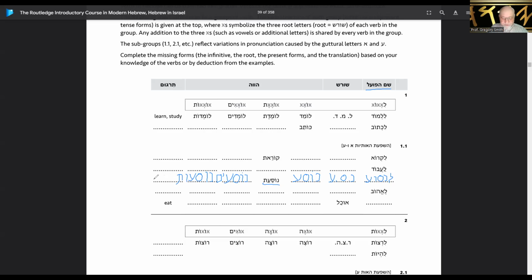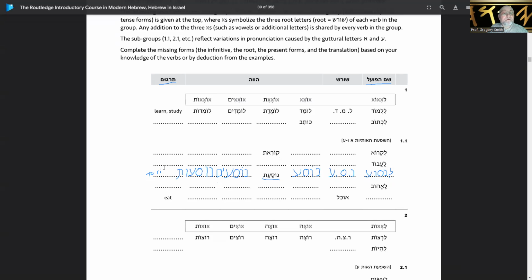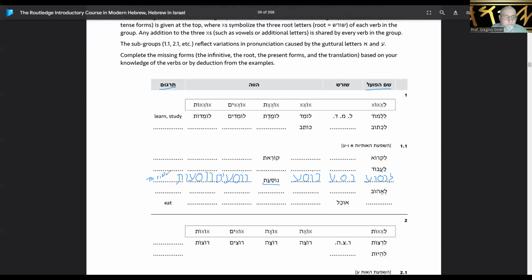And then of course, this is the root, or not the root, but the translation, tirgum. Translation is going to be to ride.